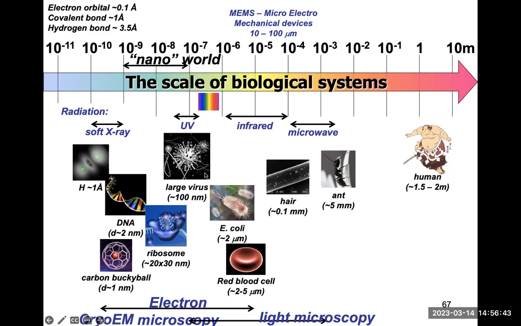That's quite, it looks like a coronavirus to me, but maybe not COVID because the slide is older than that. Then we have E. coli, red blood cells, hair, 0.1 milli, so at 100 nanometers, the thickness of a single hair, then ants, and then humans.